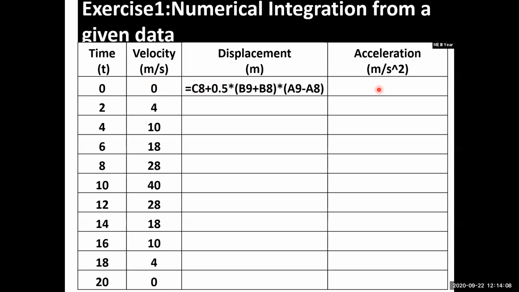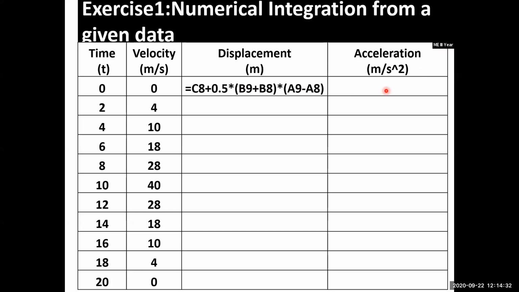Similarly for acceleration, if you know the formula of acceleration, it is V2 minus V1 divided by T2 minus T1. We'll use that formula for finding the acceleration. So for finding the displacement, we will use the numerical integration method, and for finding the acceleration, we'll use the simple formula.